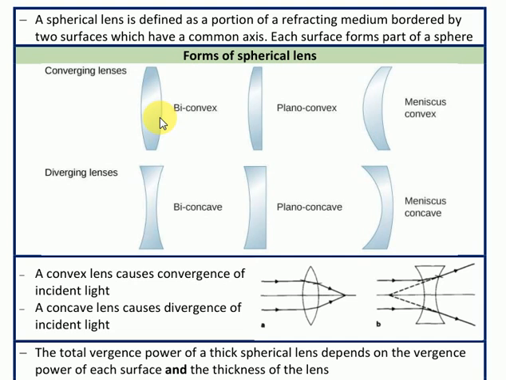Various forms of spherical lens are possible, some having one plane surface as shown in the middle picture. This is acceptable because a plane surface can be thought of as part of a sphere of infinite radius.